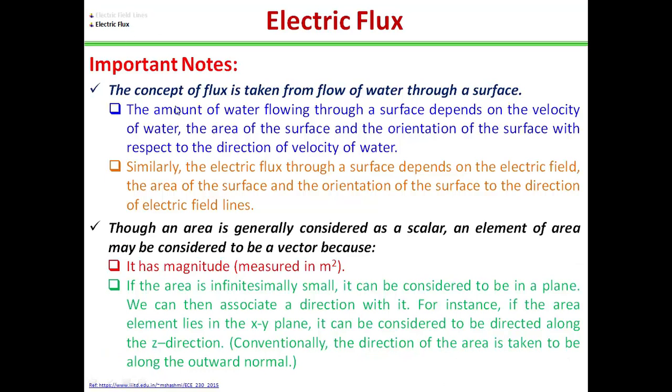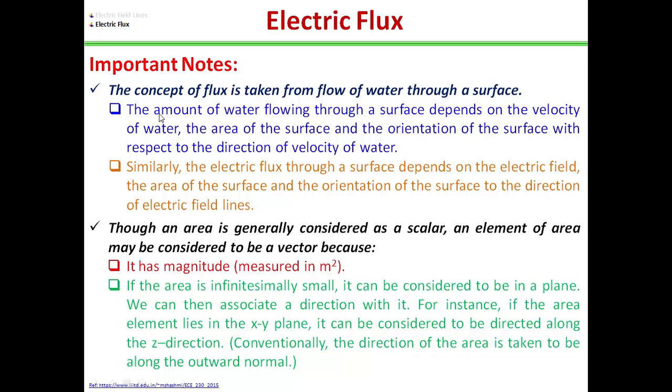Now let's understand electric flux. Electric flux is the rate of flow of electric field through a given area, that is, the number of electric field lines going through a virtual surface. The concept of flux is taken from the flow of water through a surface.